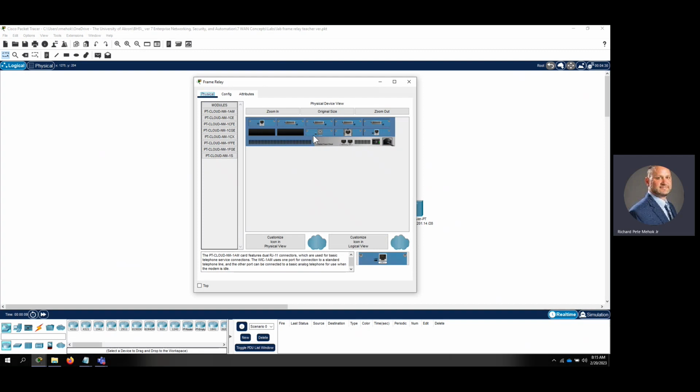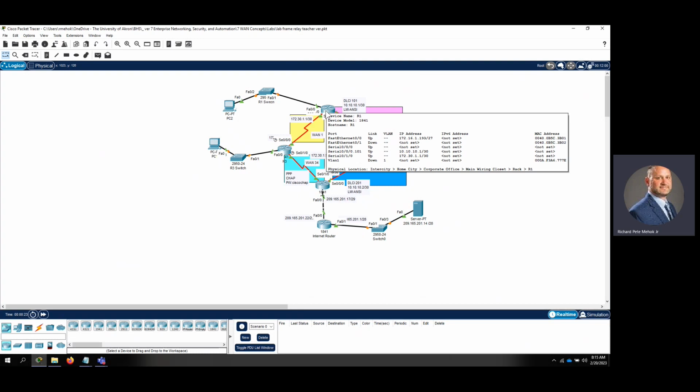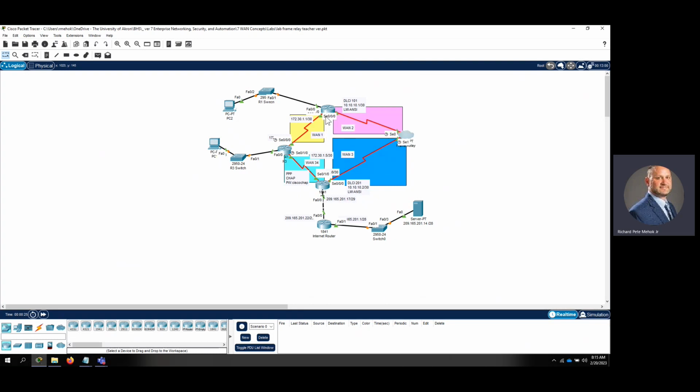This is what you would be connected to at the central office for the ISP company. That's the device we'd be connected to in their location. Here are our three routers for our organization, R1, R2, and R3, and we have four WAN areas, and then you have these LAN areas off each.